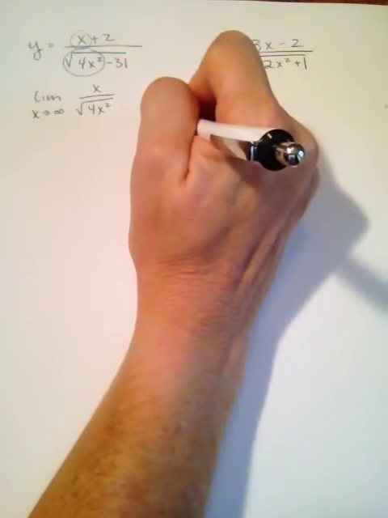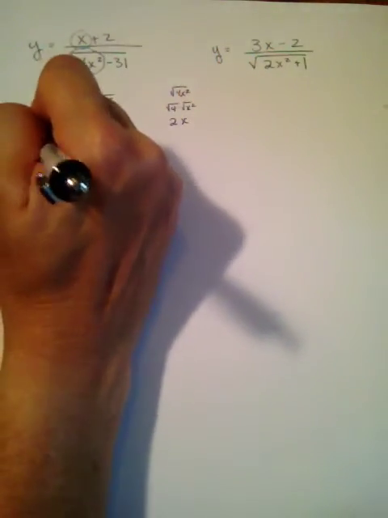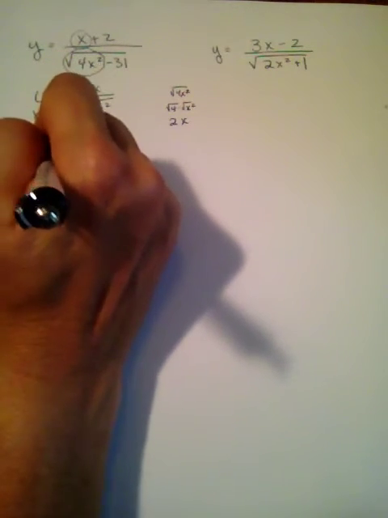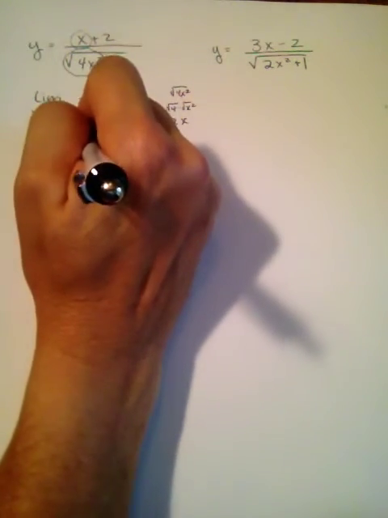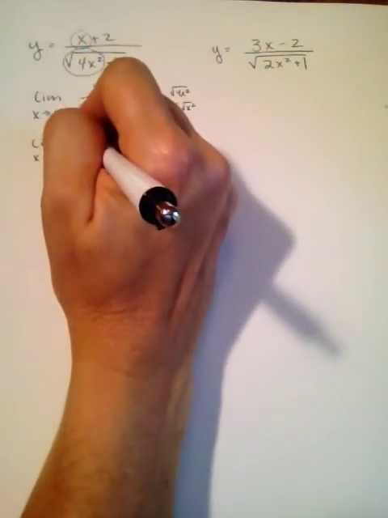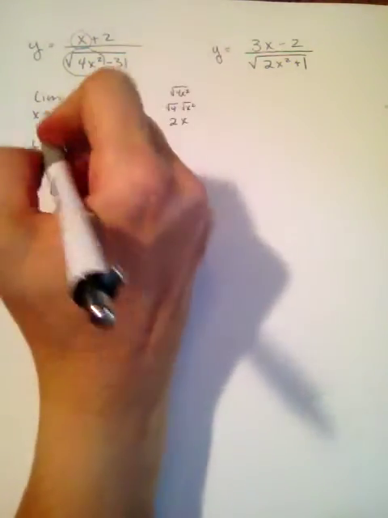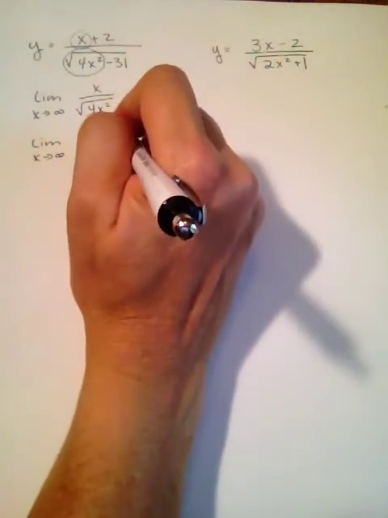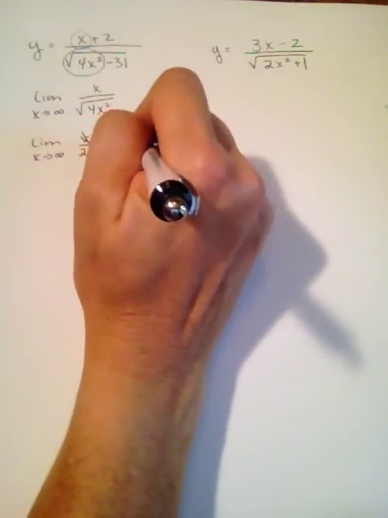So this is very simply 2x. So this is the same thing as the limit as x approaches infinity of x divided by 2x. My x's cancel out, and the limit as x approaches infinity is 1/2.